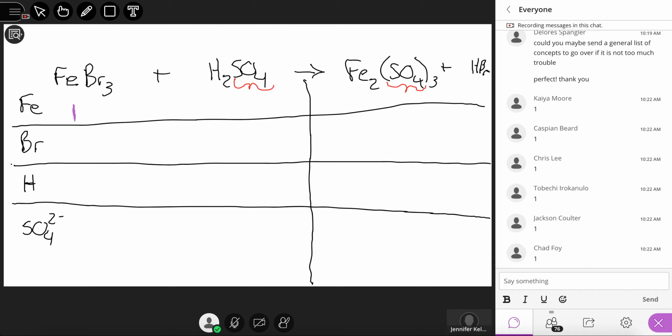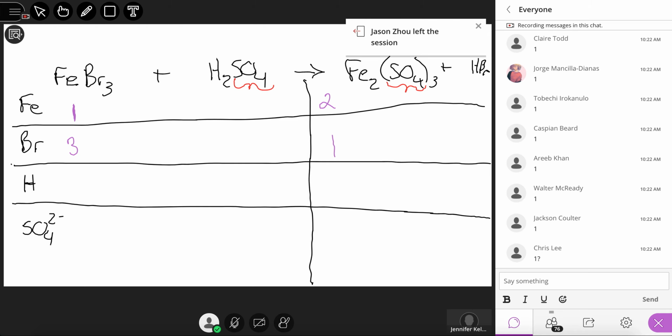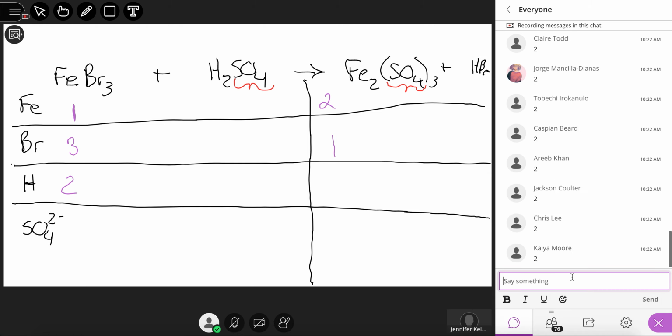How many iron on the right? 2. How many bromine on the left? How many on the right? How many hydrogen on the left? And on the right?